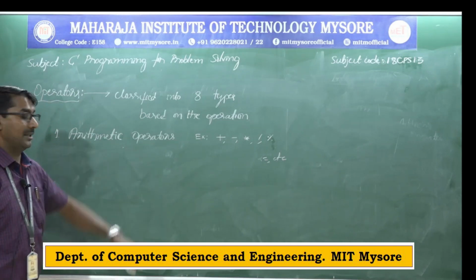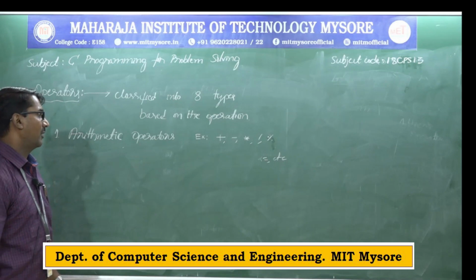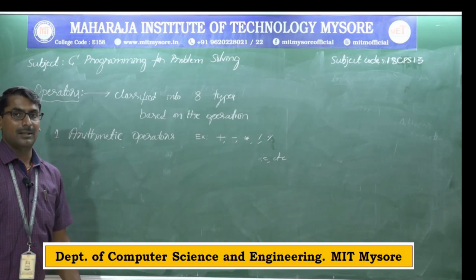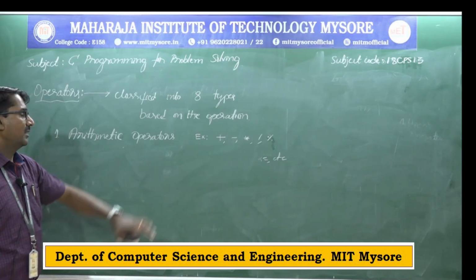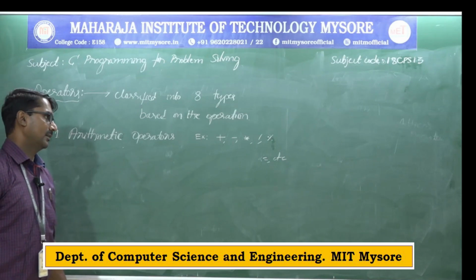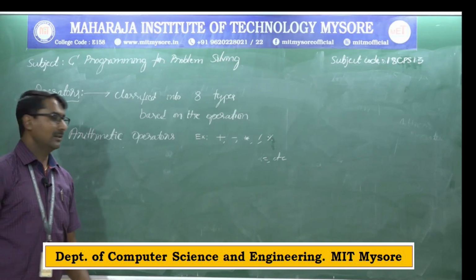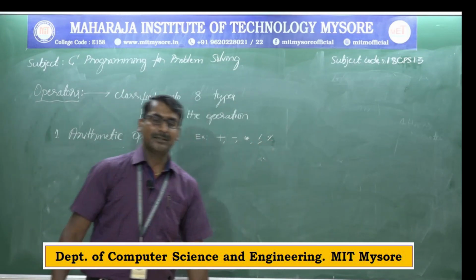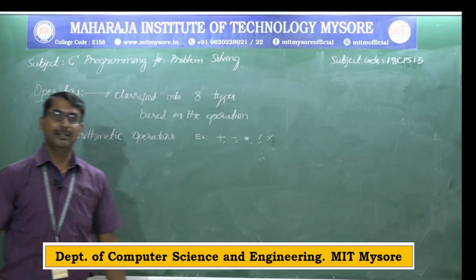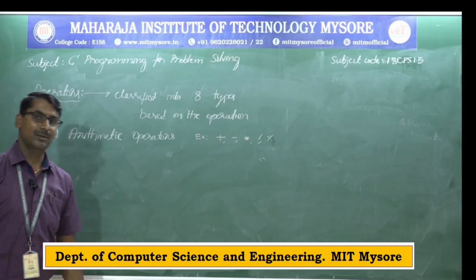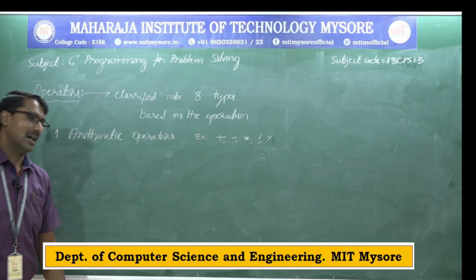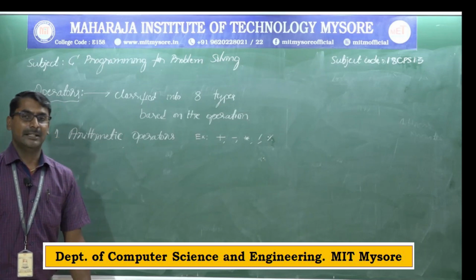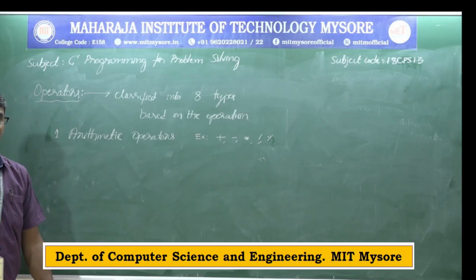These are the basic operators: plus, minus, star, slash, and modulus. Arithmetic operations are performed on integer values, floating point values, or a combination of integer and float values.